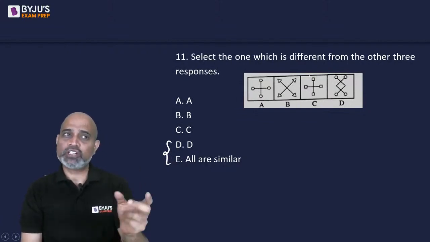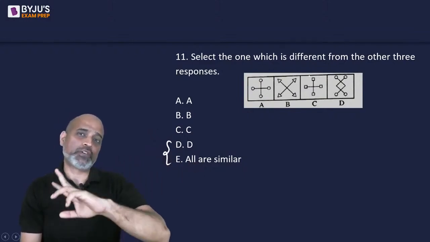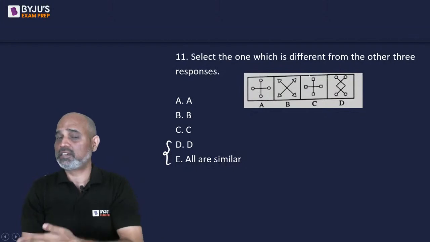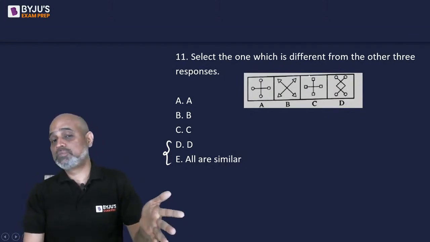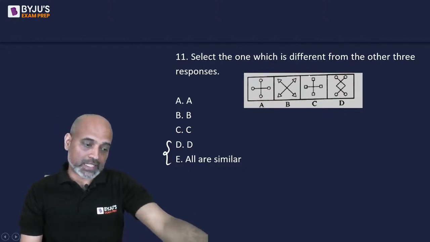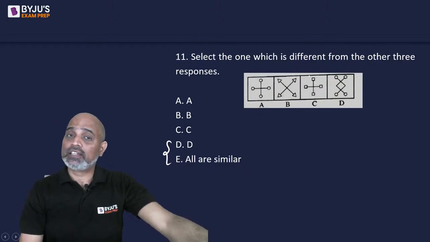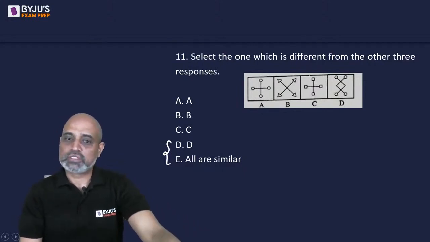If you have two figures that have circles as their endpoints of those segments, you have two figures where one is made up of squares and the other one made up of triangles. So the reason you are selecting B, that is the odd, different figure. With the same logic, C can also be the answer.